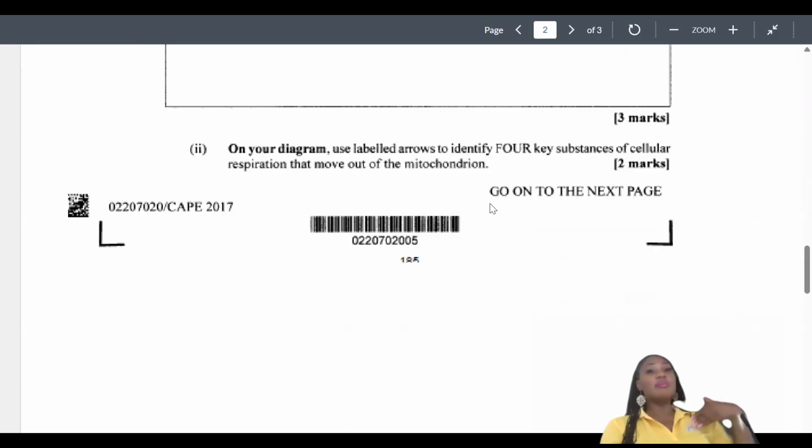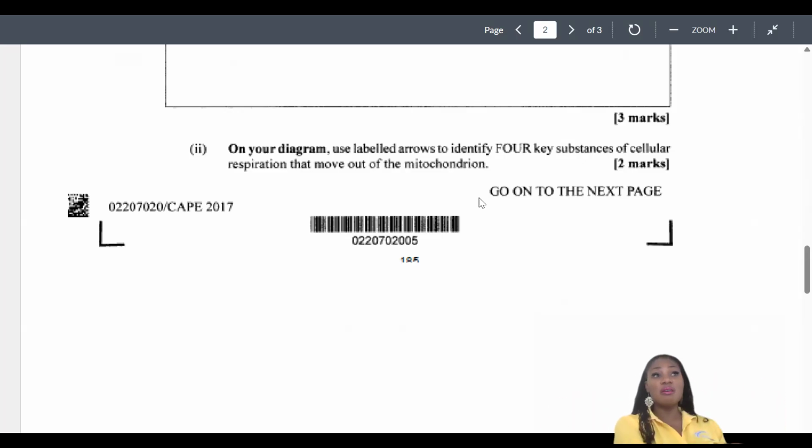Things that leave the mitochondria would be ATP, because that's what it's making. Water, because whenever the oxygen accepts the electrons and combines with hydrogen, you get water. Also, NAD+ and FAD+. So the NADH and FADH were the ones that brought hydrogen and electrons to the mitochondria.